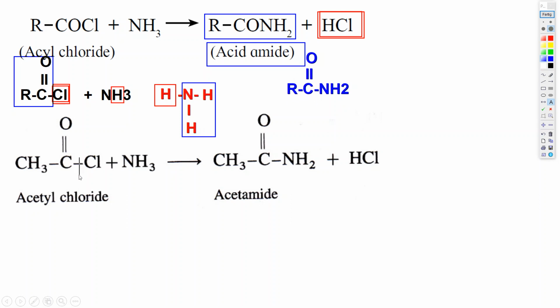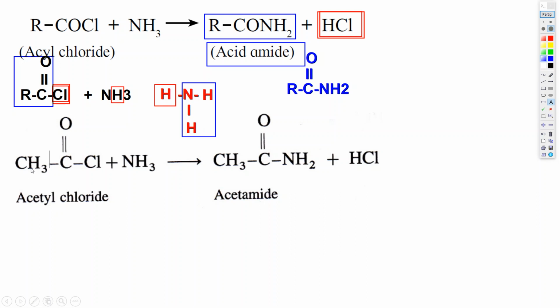Now its example. When acetyl chloride, what is the formula of acetyl chloride? CH3COCl. You also studied this example, acetyl chloride, in the Friedel-Crafts acylation reaction. In the Friedel-Crafts reaction you discussed this acetyl chloride.